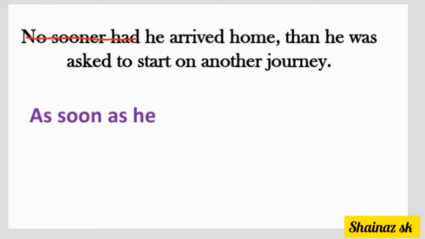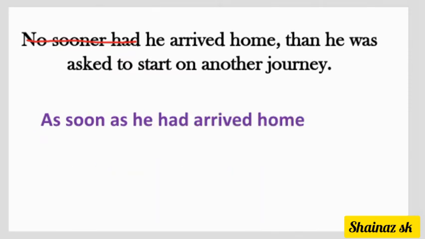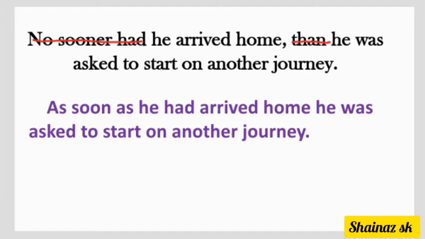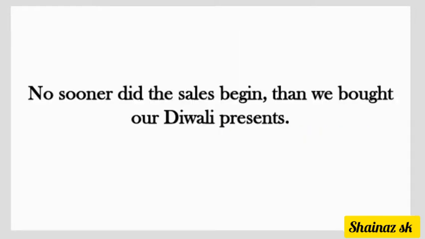Here the tense is past perfect tense, so we will use "he had arrived home". After that we will cut "than" and write the rest of the sentence as it is. So the transformed sentence will be: As soon as he had arrived home, he was asked to start on another journey. Let us take one more sentence.